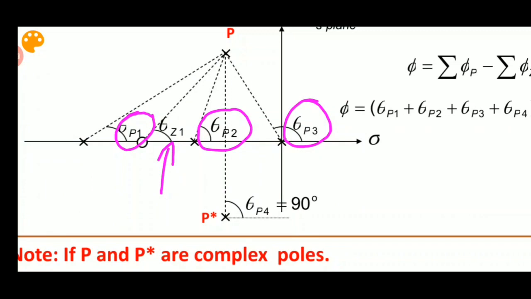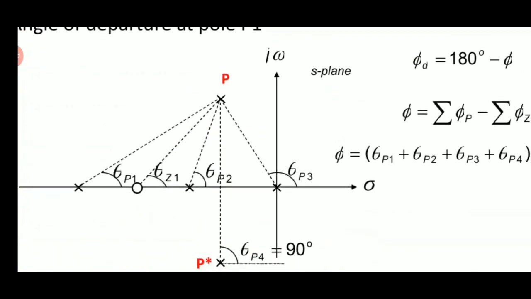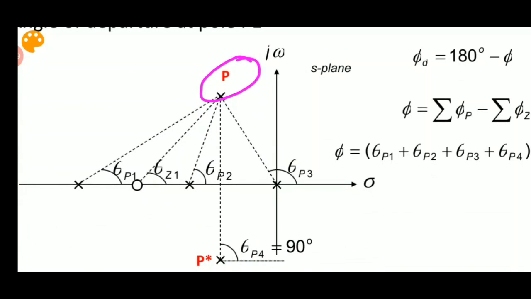Now this is another pole, we should not miss this. This is theta P4, the angle contribution by the other complex pole at my required pole. This is my required pole at which I am calculating the angle of departure.